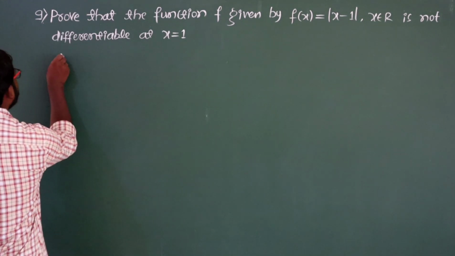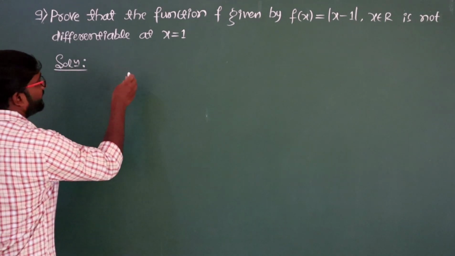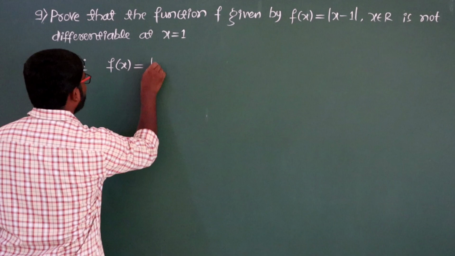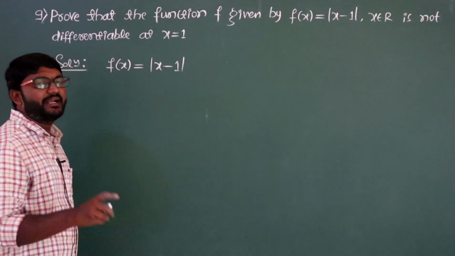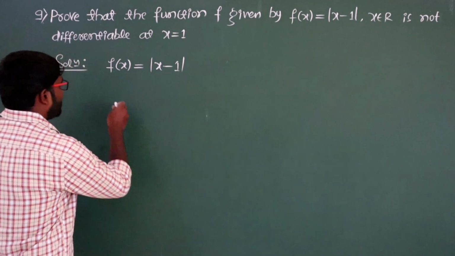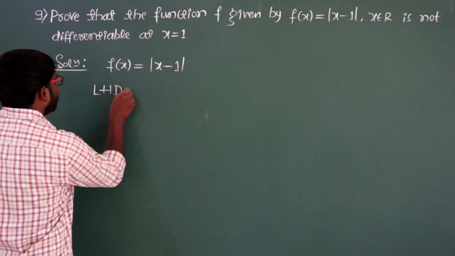So I'll write the given function. Here the given function is f of x equals mod x minus 1, and he says it is not differentiable at x equal to 1. So now I'll go for LHD, the left hand derivative.